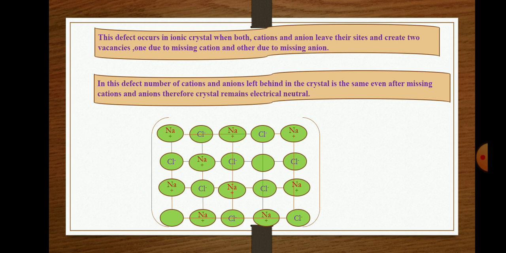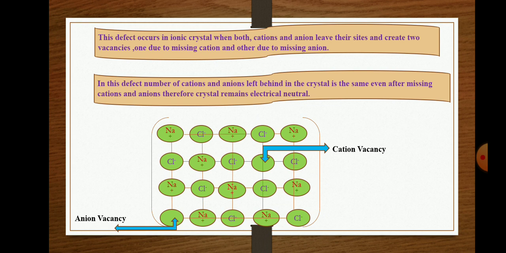But students, two atoms are missing from the crystal lattice, one from the missing cation and one from the missing anion, which creates two vacancies. These are called a cation vacancy and an anion vacancy.